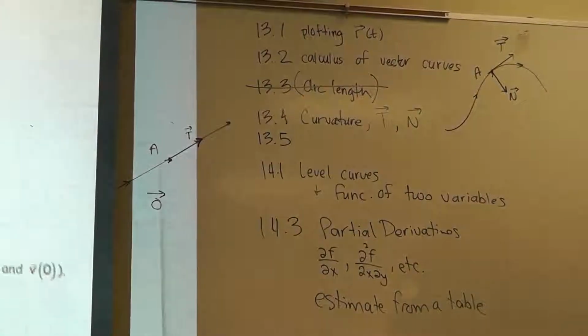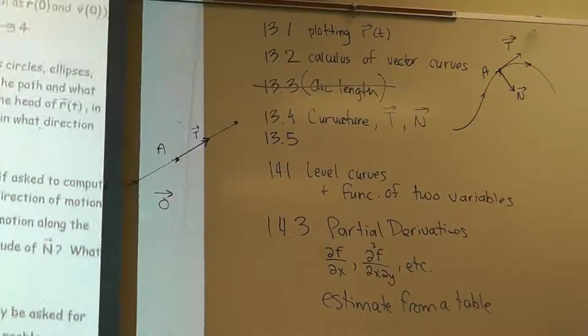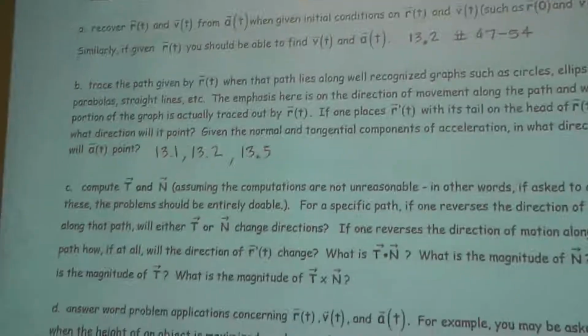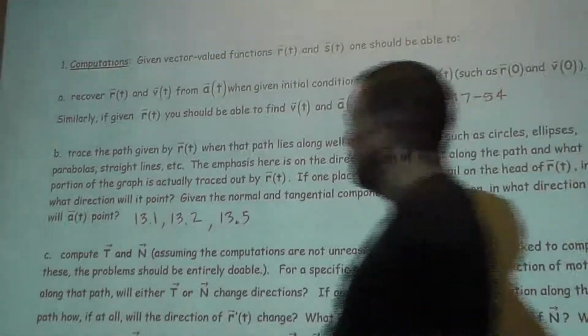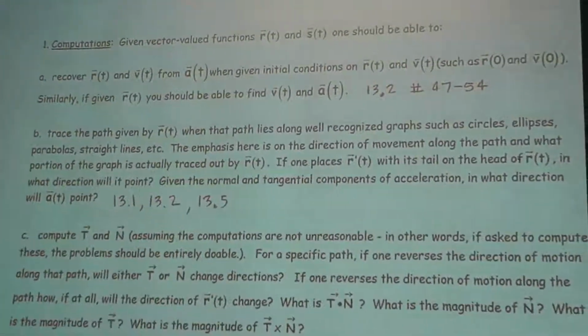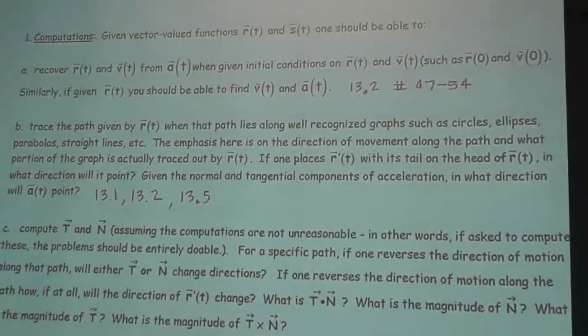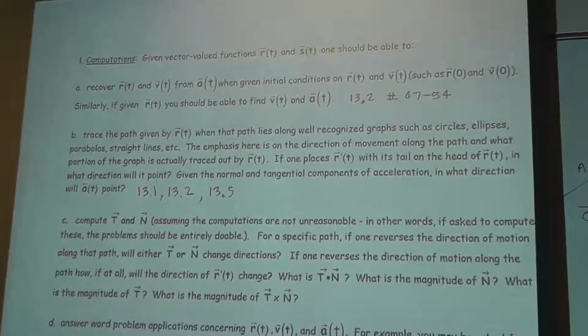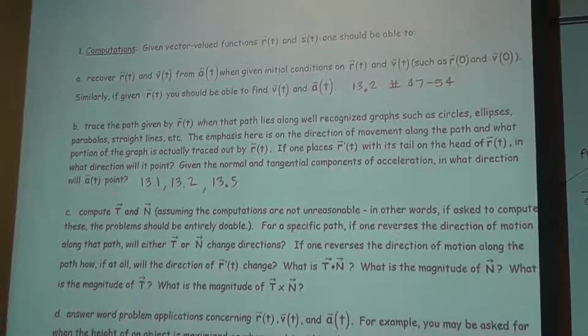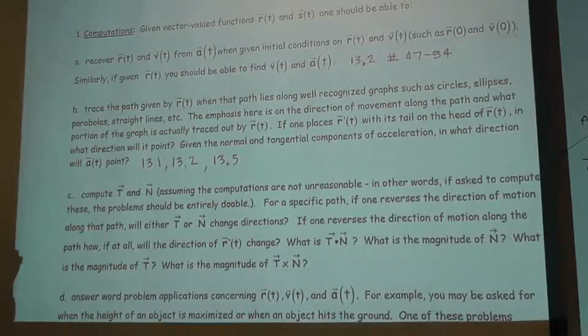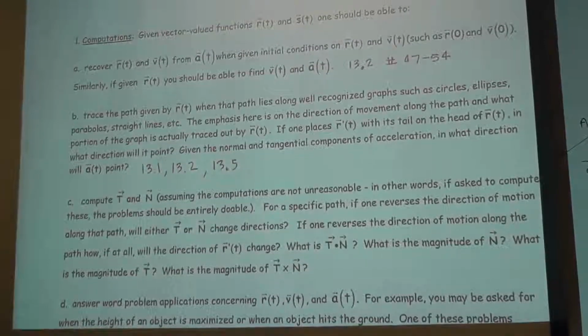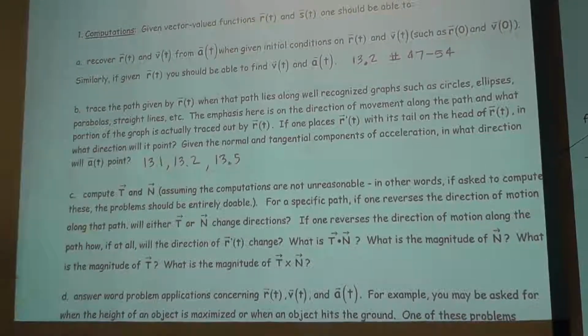Trace a path given by r when the path lies along well-recognized graphs such as circles, ellipses, parabolas, straight lines, etc. So be able to graph a vector function, plot a few points, and then connect it with a curve, and then she'll probably say plot r of 2.